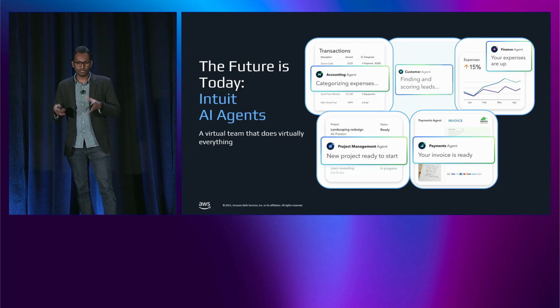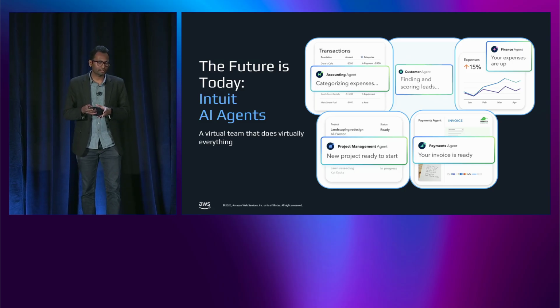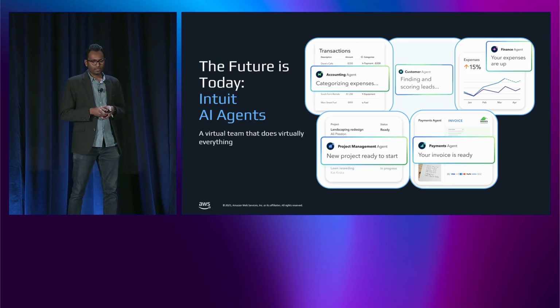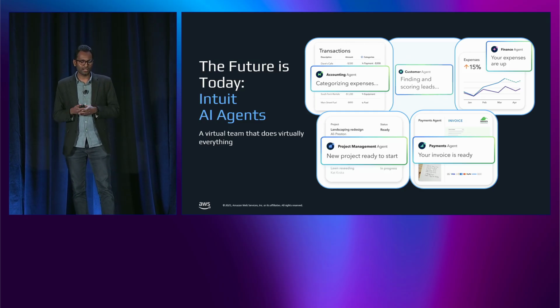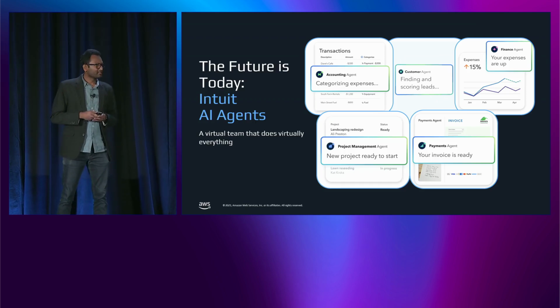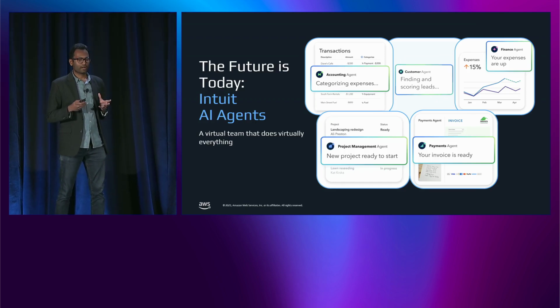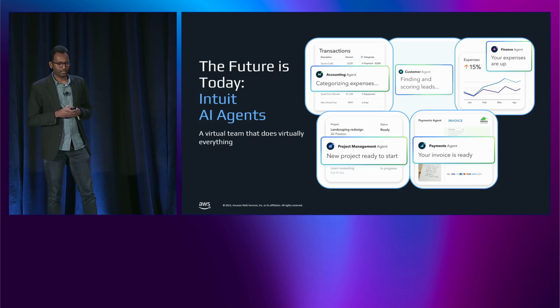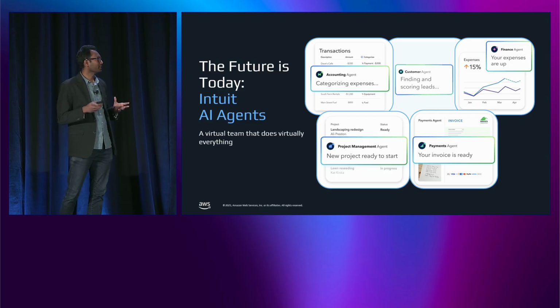These are agents that can perform and complete complex tasks. So imagine a small business owner asking about their finances, and a finance agent proactively tells them their expenses are up, or their accounting agent categorizes their transactions automatically.